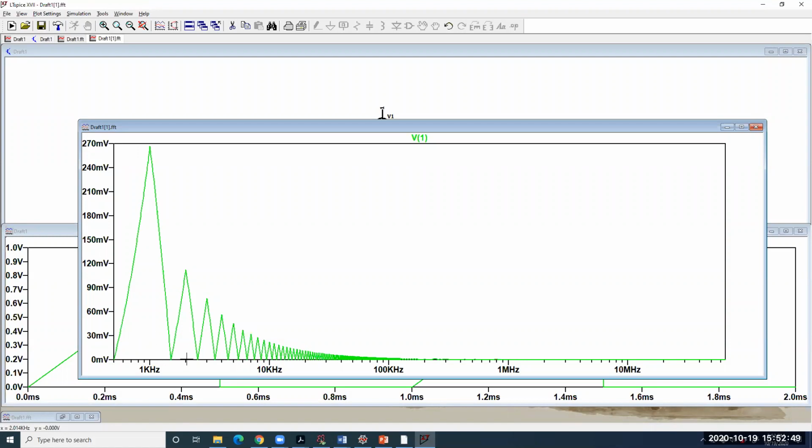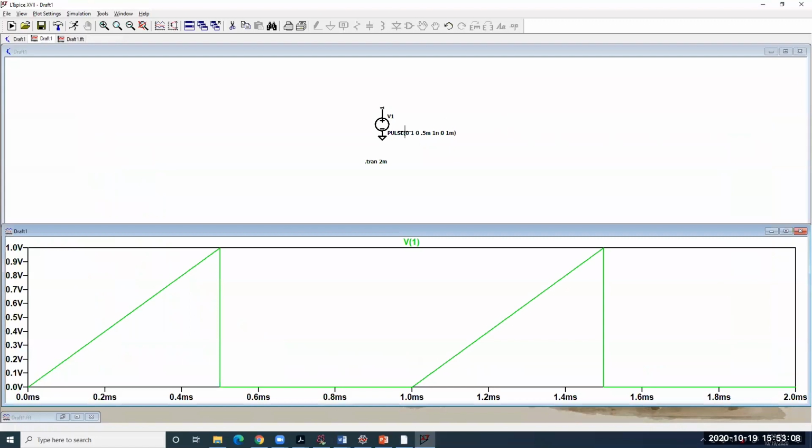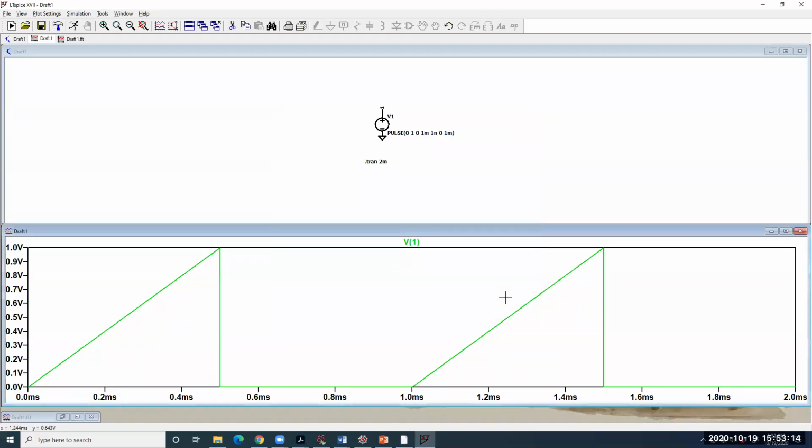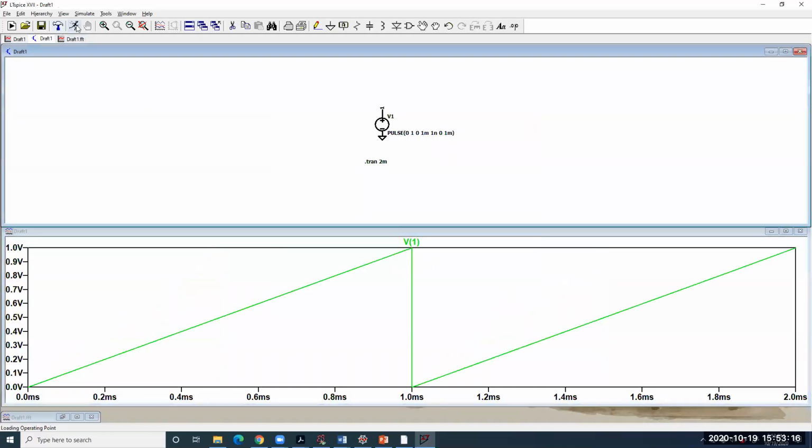So 1 kilohertz, 2, 3, 4, 5, 6, 7, 8, 9, 10. Which is why triangle waves like this can be used in synthesizers, where it looks more like that.